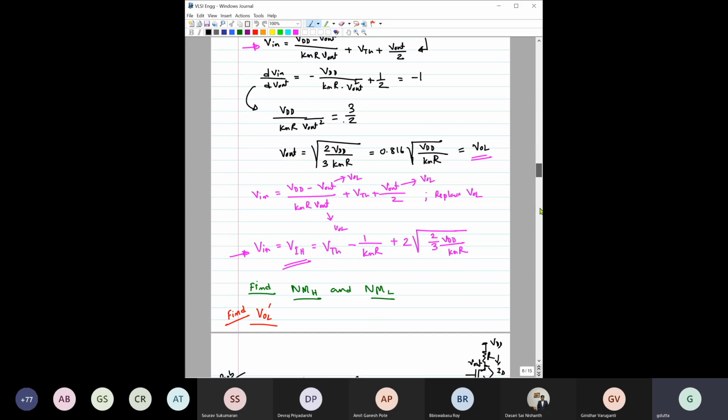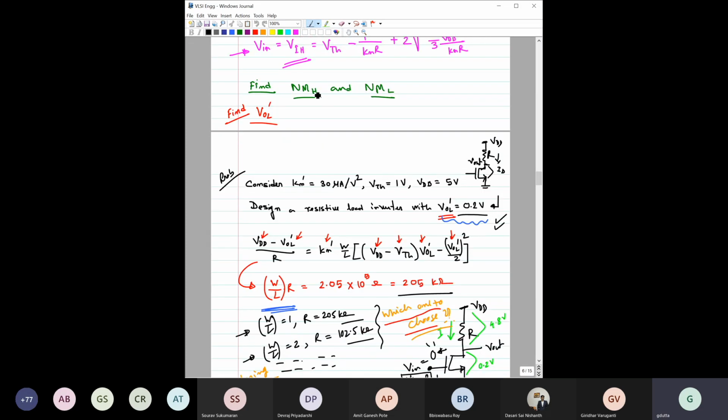From here you can find the noise margin high and noise margin low, which are very important parameters in any digital IC design.